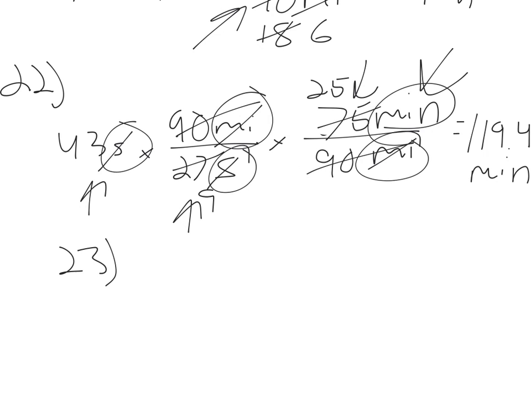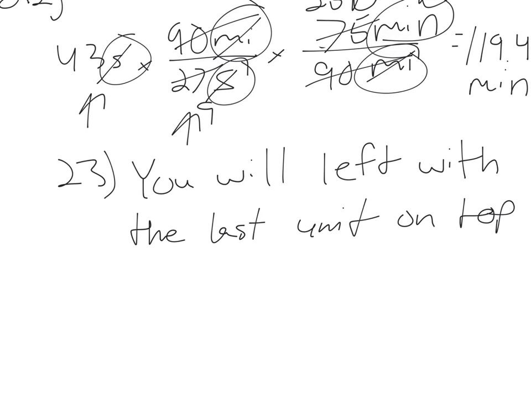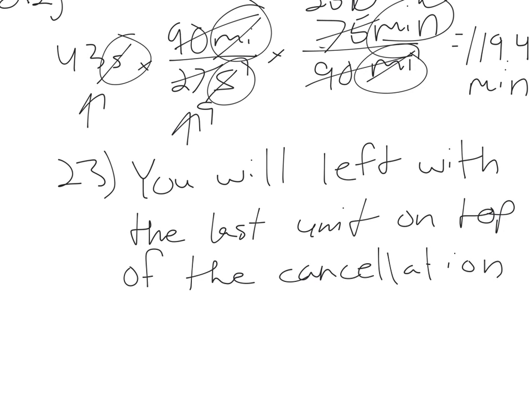So it's always the last unit on top. You will, assuming you do these in order, will be left with the last unit on top of the cancellation line.